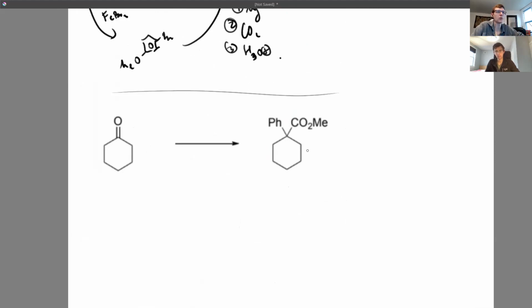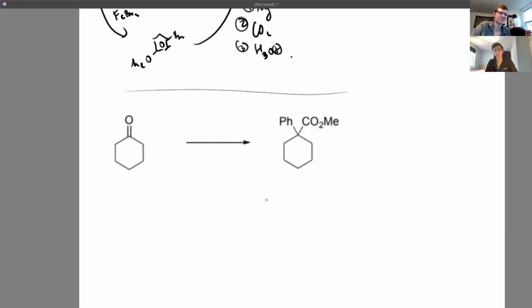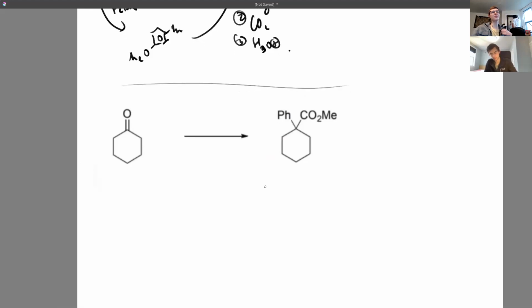So we have our ketone, and now we're adding a bunch of other stuff into it. Yeah, great. Fun. Well, I haven't looked at this one before, so I have no idea. So what do you guys think?